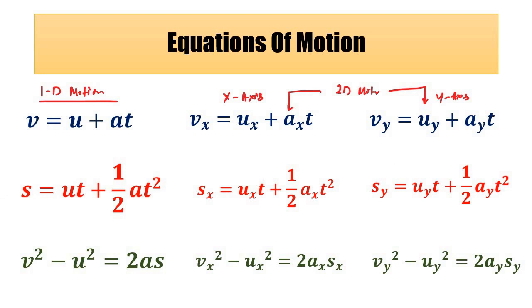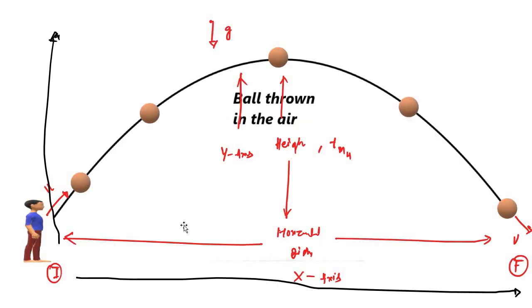Same, s is equal to ut plus half at square. So here you see the horizontal distance covered by this object, that is Sx, which is the horizontal displacement of the object. Now if you see the net vertical displacement at the final point, that is 0, because vertically it has covered no displacement.